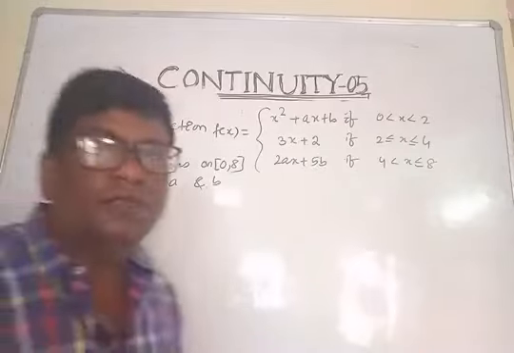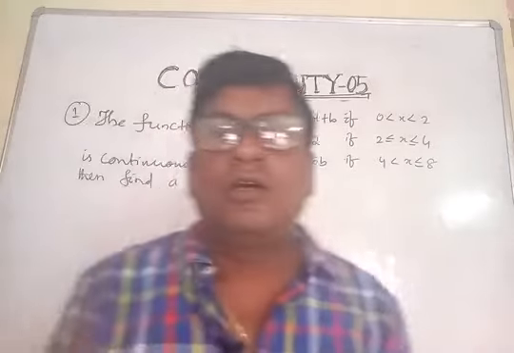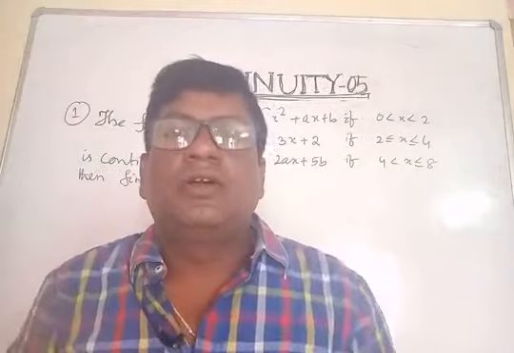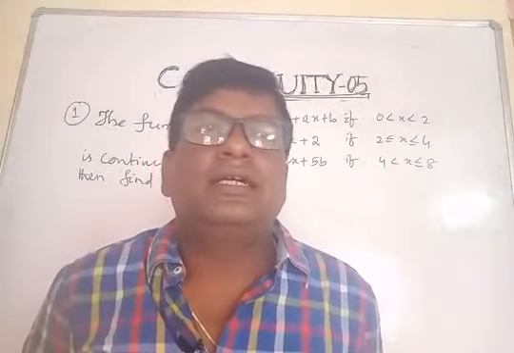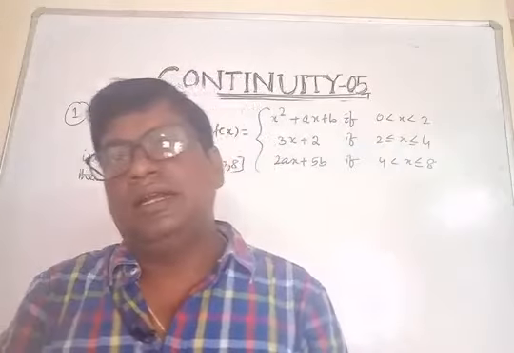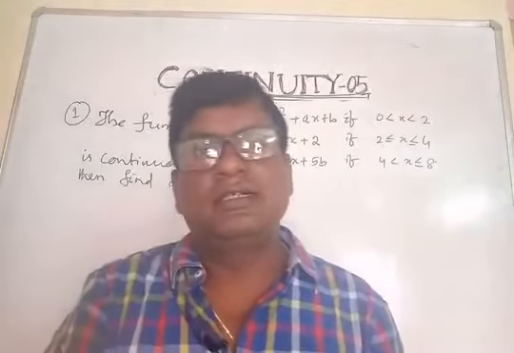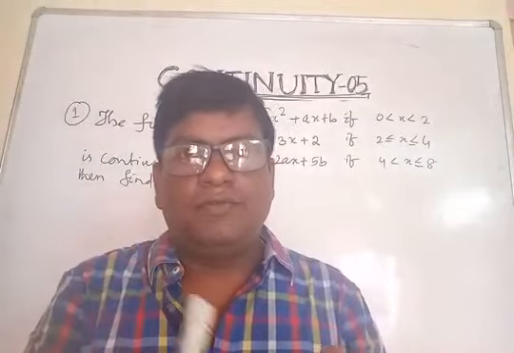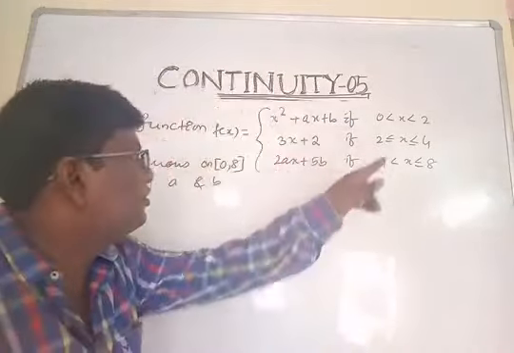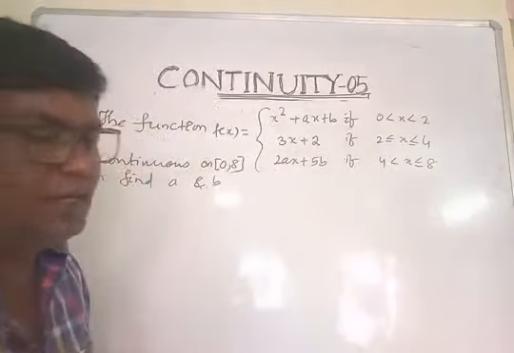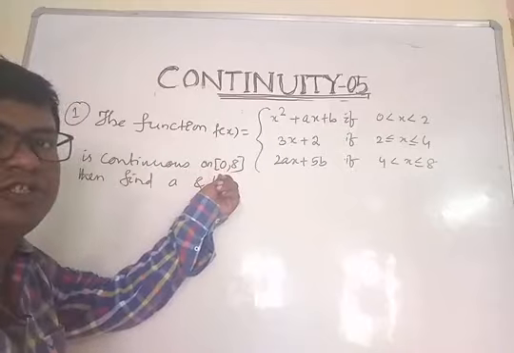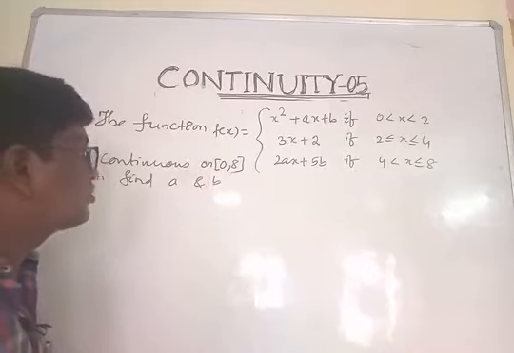As you know, if the function is continuous on closed interval, then the function is continuous everywhere in the open interval, and at every point of 0, 8 the function is continuous.